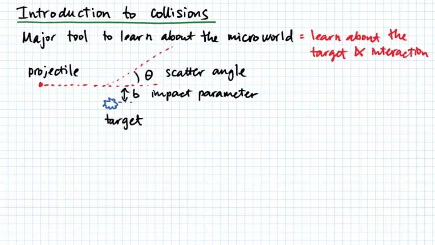Because we are learning about the microworld, impact parameter itself is too small to measure directly. Instead, we use statistical language. Things that we can measure are cross-section and differential cross-section.